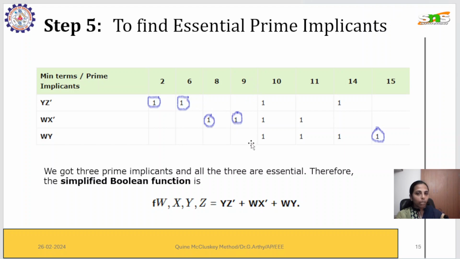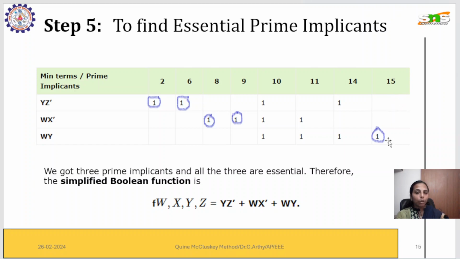Here we have three ones, so we will not find any essential prime implicants from this column. Similarly, here we have two ones, which will not be considered for essential prime implicants. I've given the definition for essential prime implicant in the previous slides.